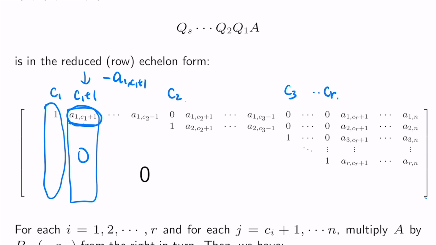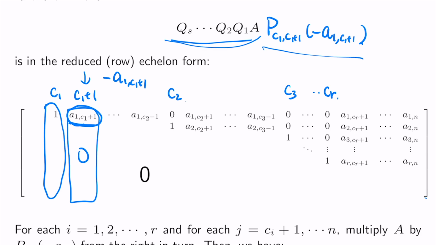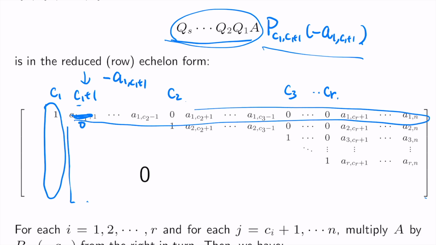And this can be done by multiplying to this matrix the elementary matrix P C1,C1+1 of negative A1,C1+1. So if we apply this matrix from the right to this one, then this element becomes 0. And we do the same for the next column and the next column and all other columns here. And after applying all these, we get everything in the first row to be 0, except for this one.